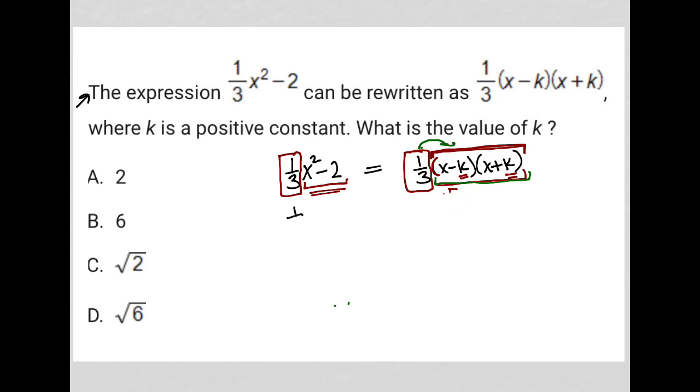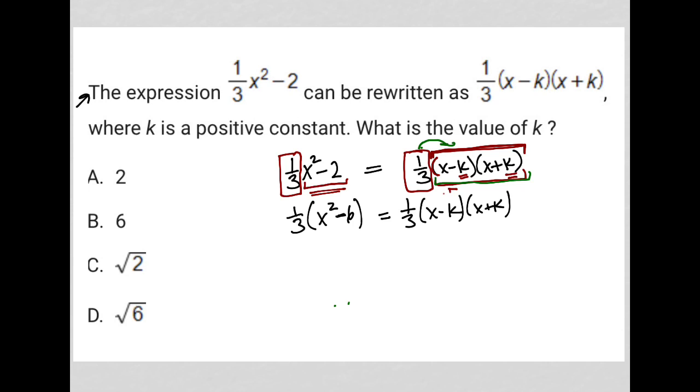So this will be 1/3 (x squared minus 6) equals 1/3 (x minus k)(x plus k). Now it's just, how do I expand this difference of two terms, x squared minus 6?